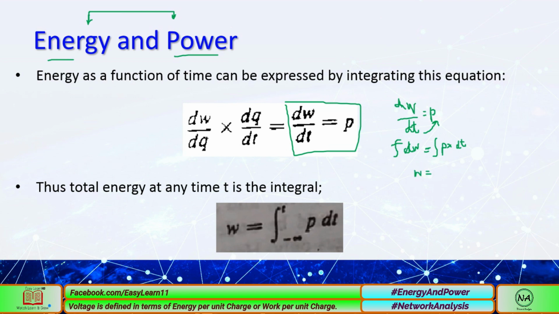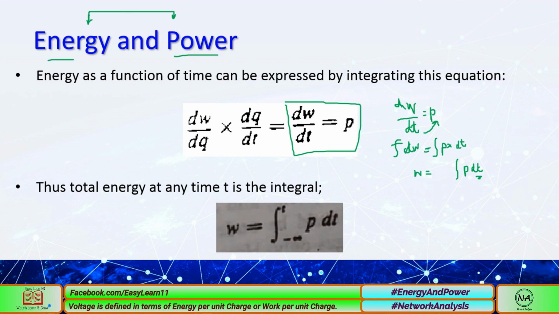W is equal to the integral of p multiplied by dt, with respect to time t. We are interested in the change in power. Work done is equal to total energy, because we are interested in energy. So total energy at any time t is the integral of the power.